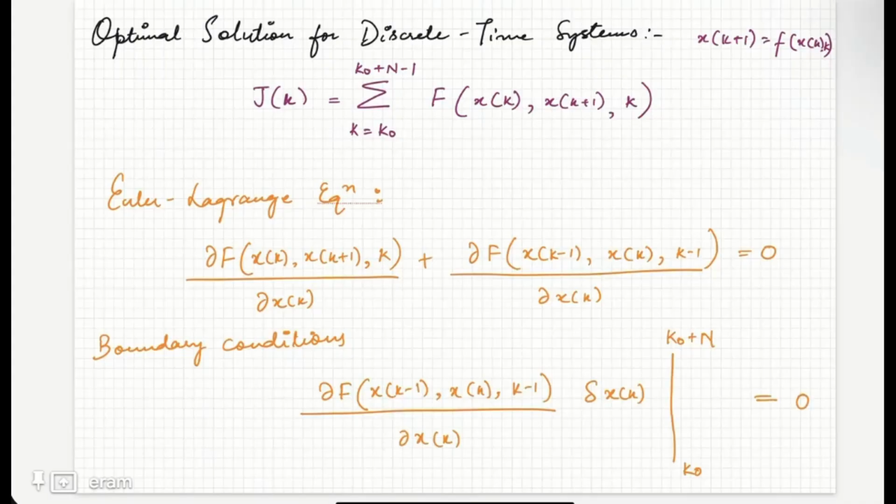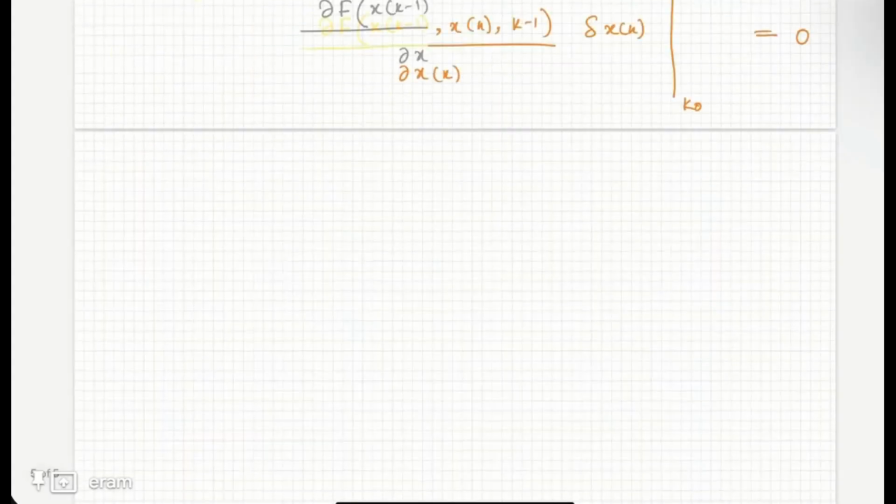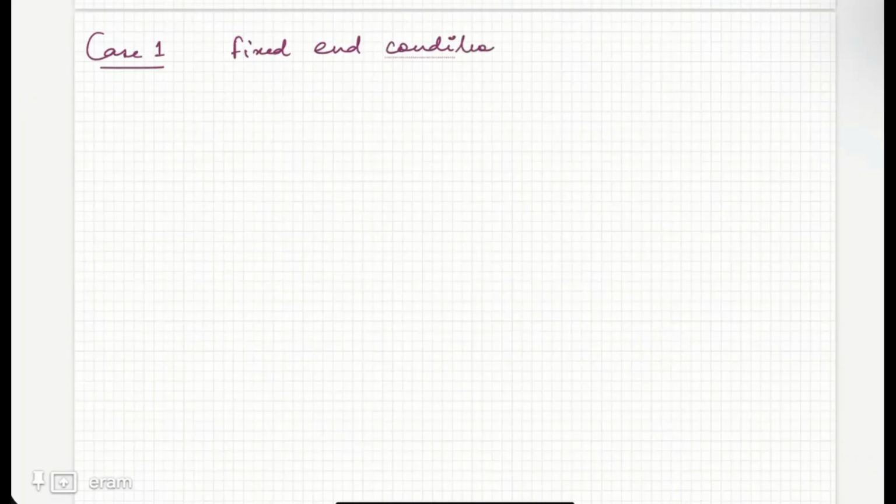Alright. Now there are two cases for it. So the case 1, for fixed end conditions, that is when both xk naught, that is initial state, and final state, that is state at xk naught plus n, are fixed.